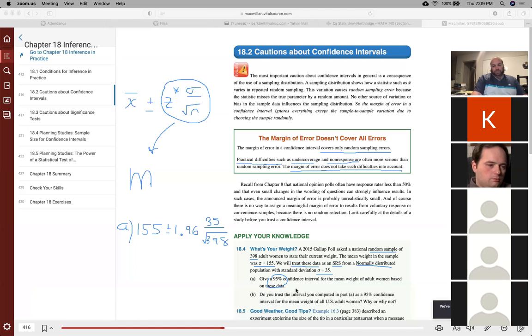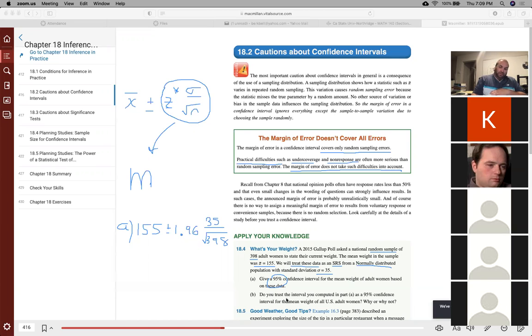Anyways, do you trust that the interval that you computed in part A is the true 95% confidence interval for the mean weight of all US adult women? Why or why not? Do you think that what the math gave us is accurate? Why not?